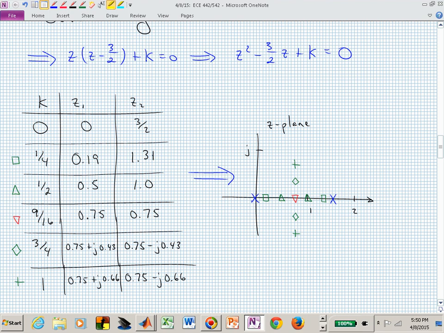I know it's hard to believe, but when I was in your position, we still had programmable calculators, and I figured out how to program this into my calculator. He didn't say we couldn't. So on the exams, I would check my work by doing this numerically with the root locus.